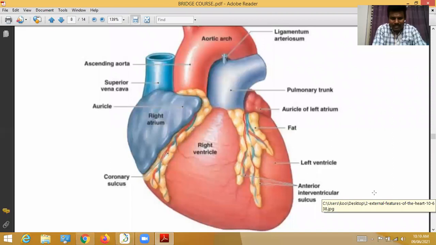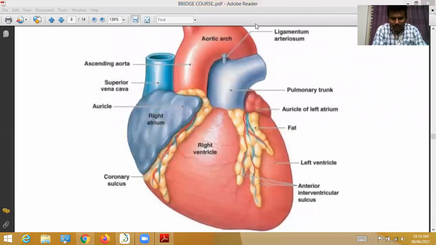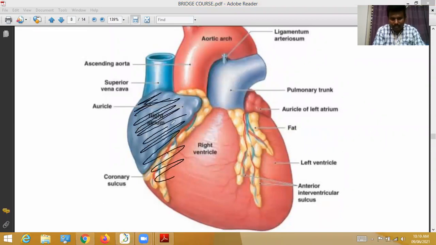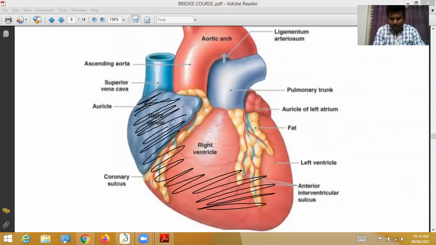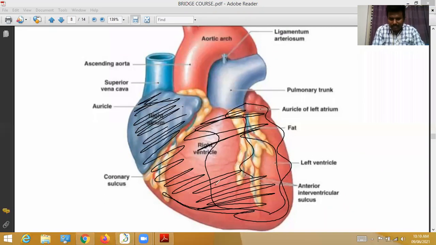These are all the walls, outside the pericardium. On the walls of the heart, there is a vein that is called the coronary vein.